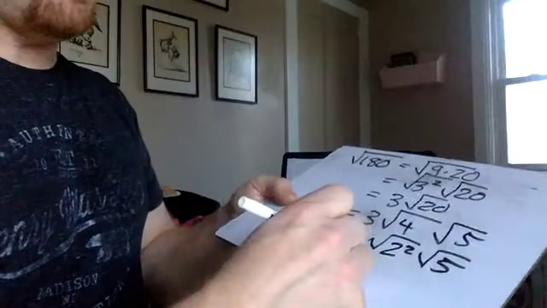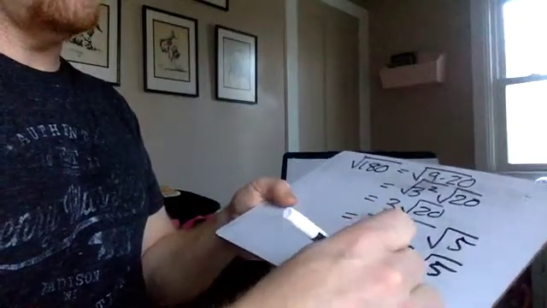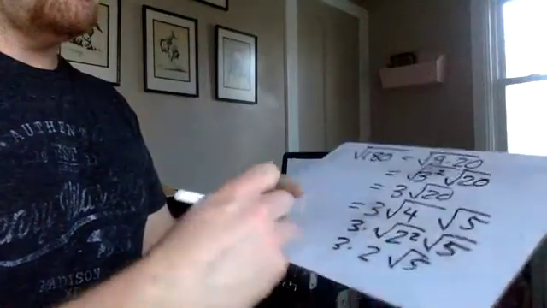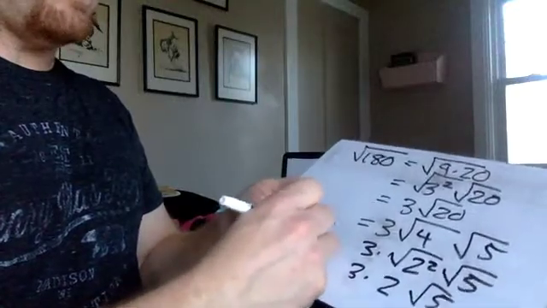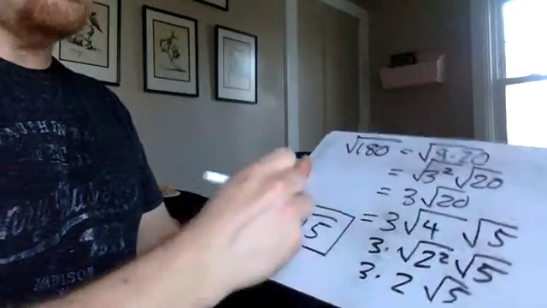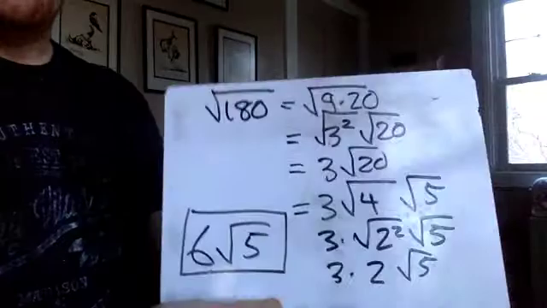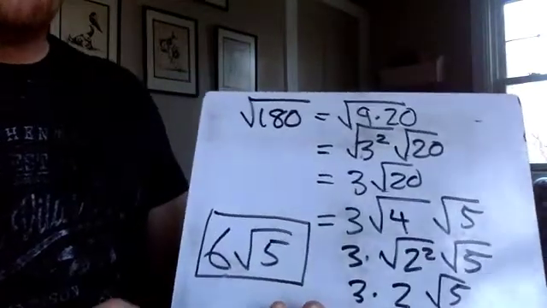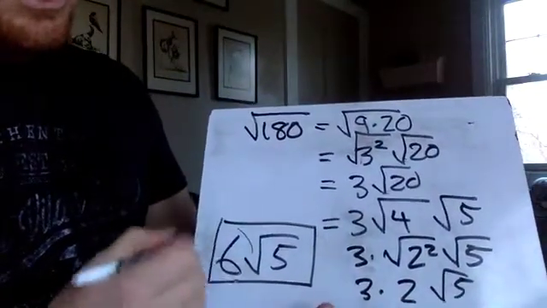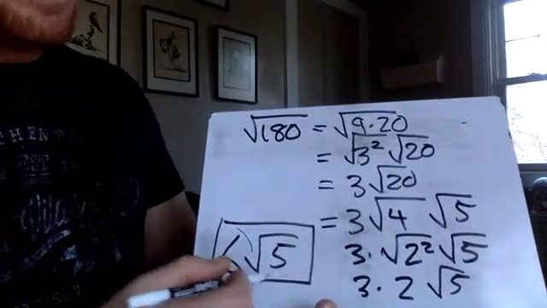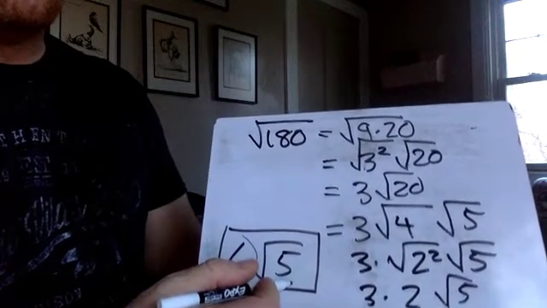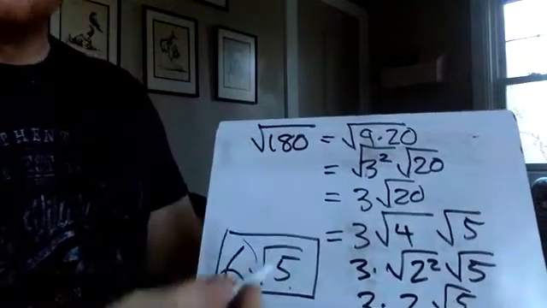So that's going to give me 3 times 2 times the square root of 5, which gives me a final answer of 6 times the square root of 5. And then what you can do to check your answer is say, well, if I square this, that's 36. If I multiply 36 times 5, that should give me 180, and it does.